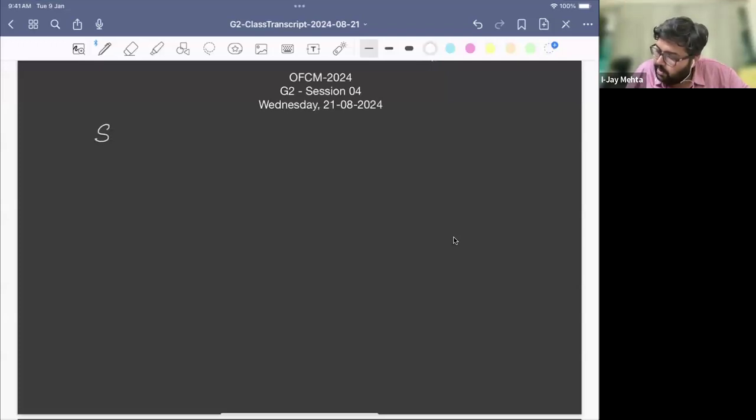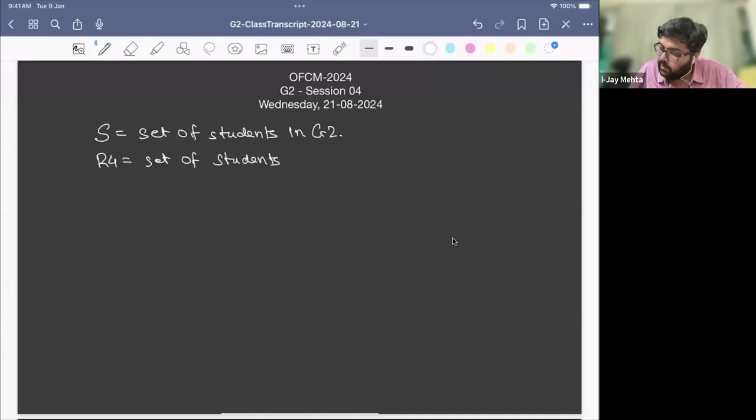So I'll keep S for set of students in G2. And I'll choose room number 4. So set of students in breakout room number 4.